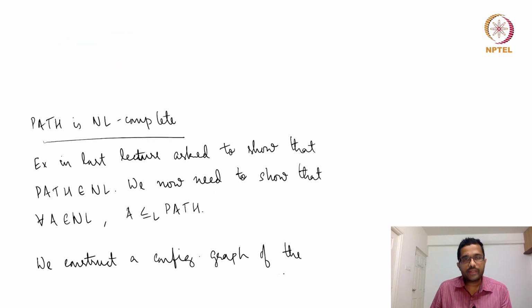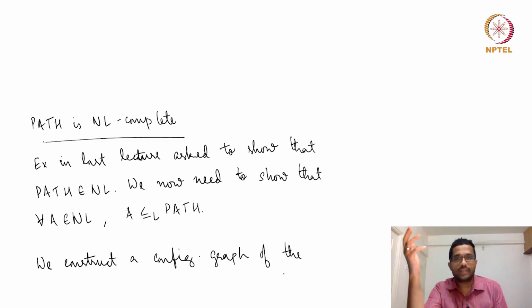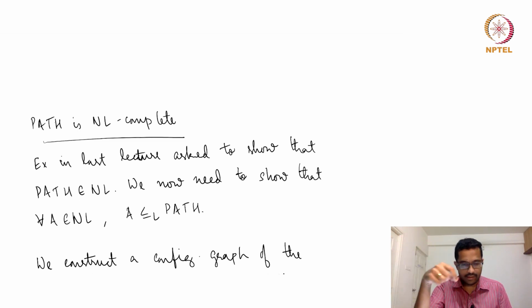So now, one language that is NL complete. Just like we had SAT as the first language that was NP complete, here our corresponding language will be PATH. We already saw PATH in the previous lecture, and I even mentioned showing that PATH is in NL.